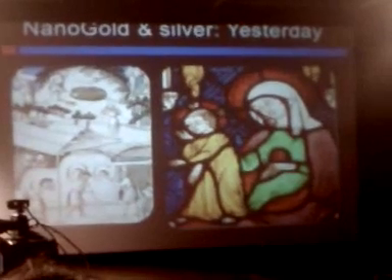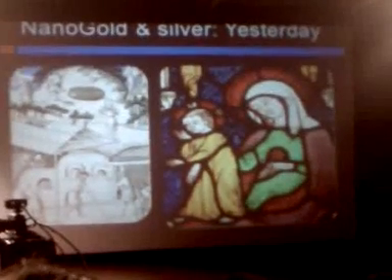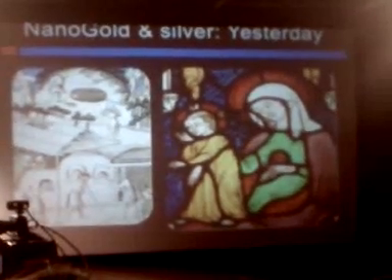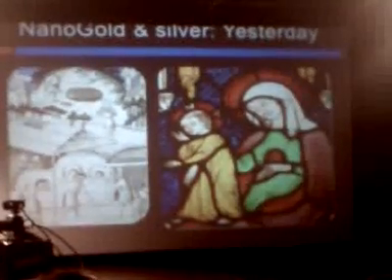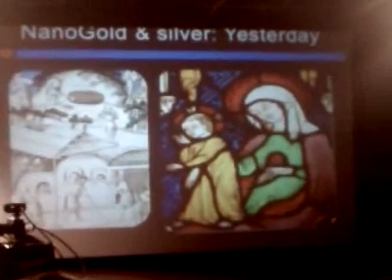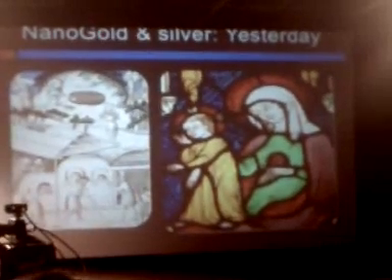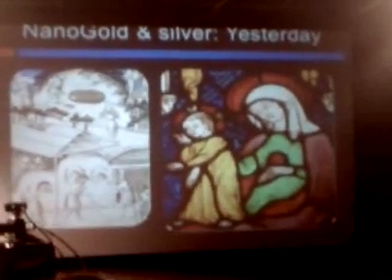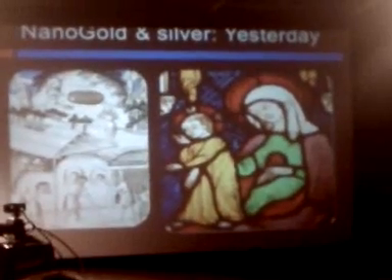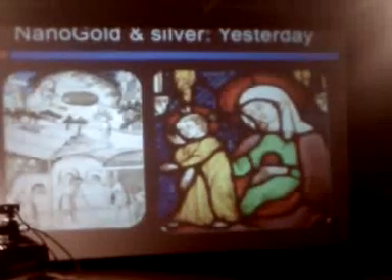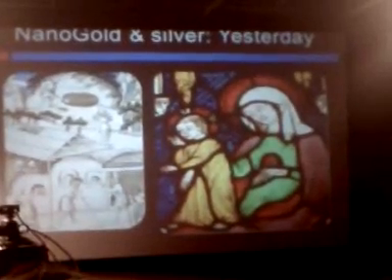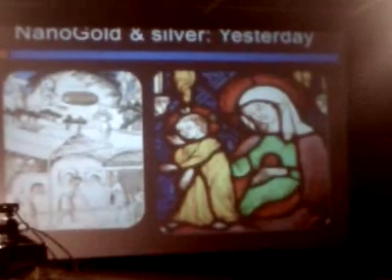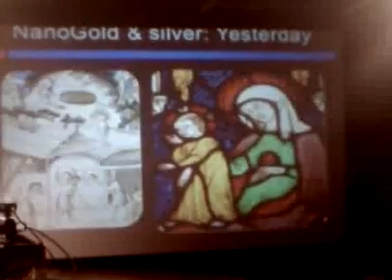One of the ways that they were used unknowingly was in the medieval age, when artisans were creating stained glass windows for churches and other buildings. So this image over here, a stained glass window from a church. The colors in that window are not because of pigment or dye. The colors are actually because of extremely small pieces of copper or silver or gold, and how those behaviors and colors change when those metals get on a small scale.